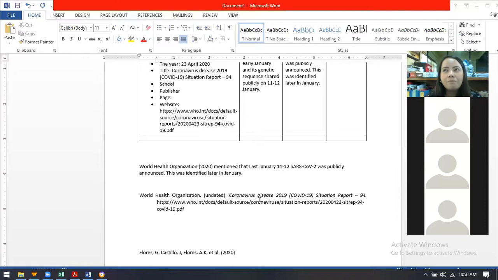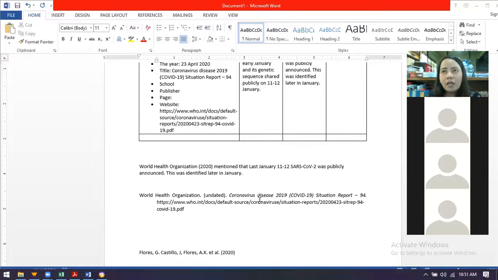Most especially, sabihin natin sa theory, sa review of related literatures. These are compilation of mga ideas of authors that can either support or contradict yung mga points na ine-emphasize niyo sa research niyo.